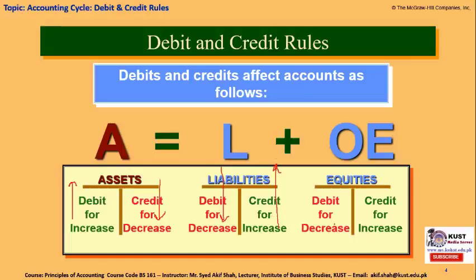Similar rule is for owner's equity. When there will be a decrease in the owner equity, we have to record it as a debit entry in the T account. And when there is an increase in the owner's equity, we have to record that specific event in the credit side of owner equity under the T account.